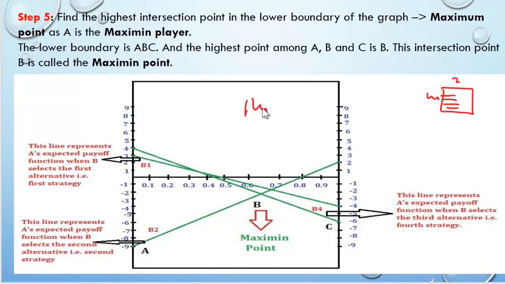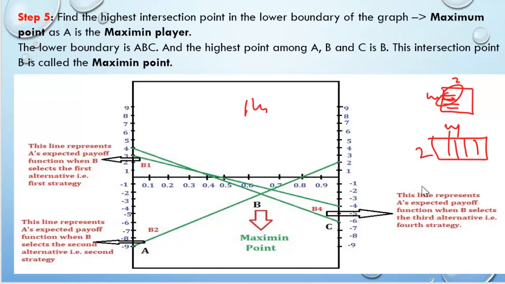But in a 2 cross m matrix, where we have 2 rows and many columns, we see the below portion of it. In the below portion, we will see the intersecting point, the highest intersecting point.